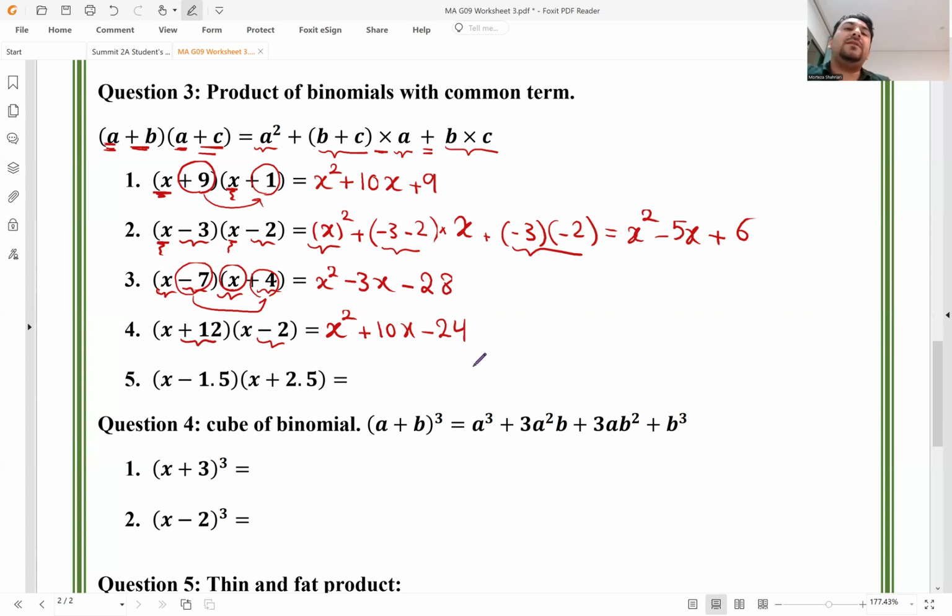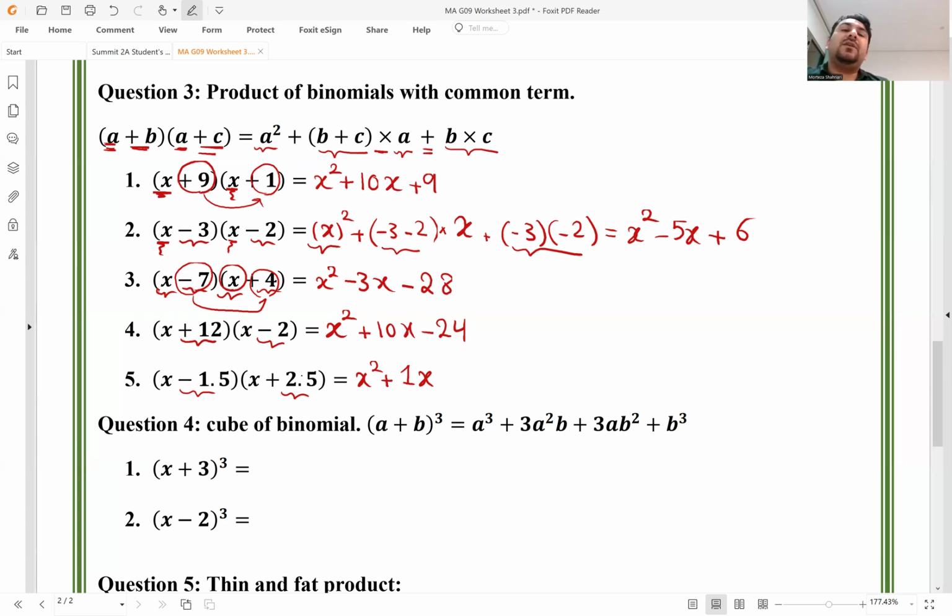Question 5. Common term is x, so it becomes x squared. Add up the non-common ones. 2.5 and negative 1.5 makes 1. So it's going to be 1 times the common term, which is x, so 1x. Now multiply the non-commons. Negative 1.5 times 2.5.